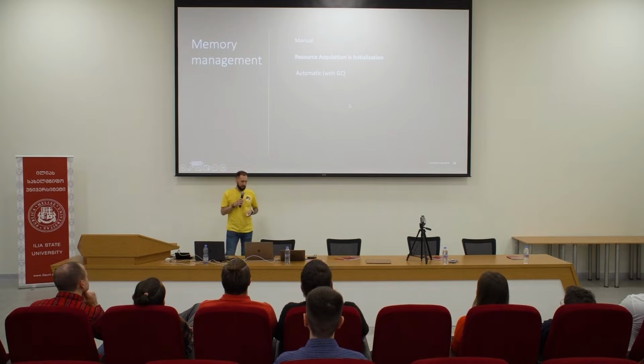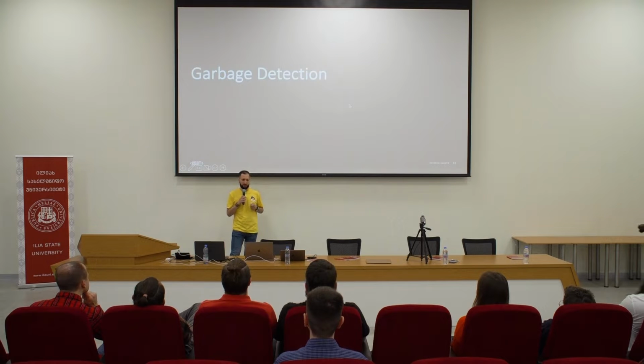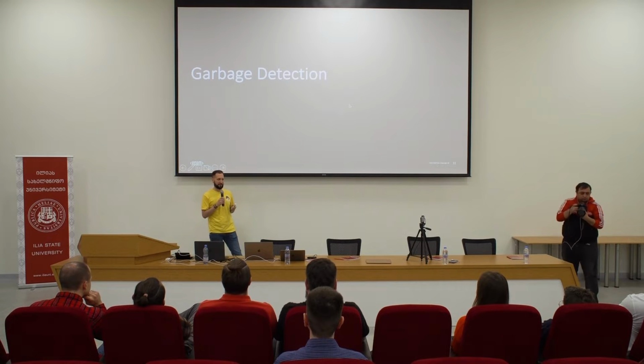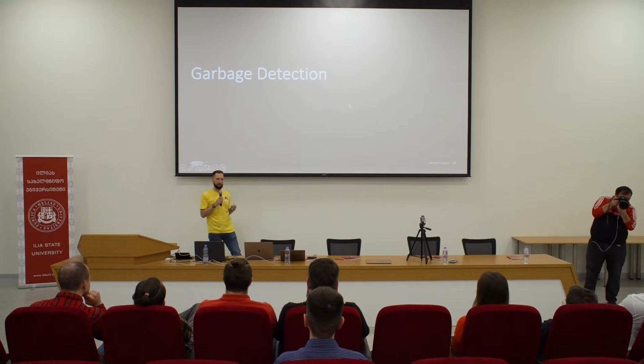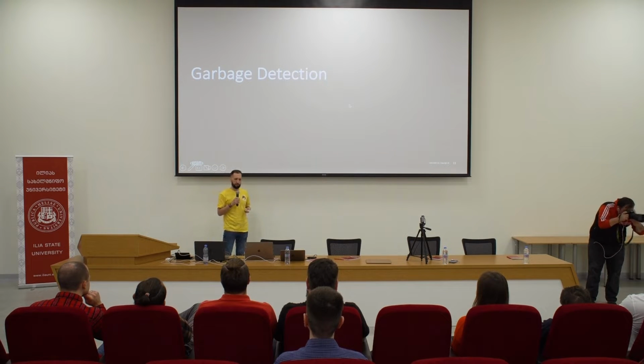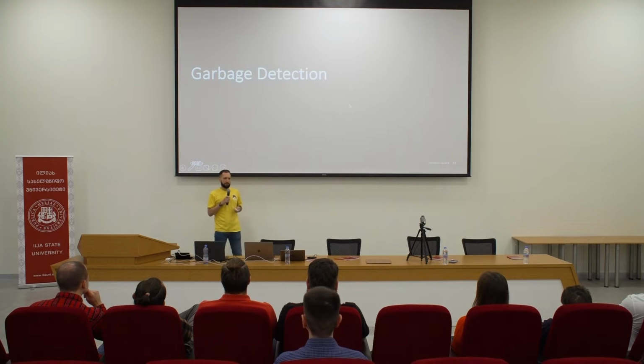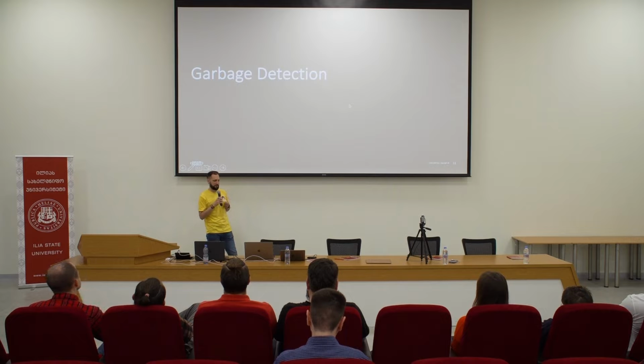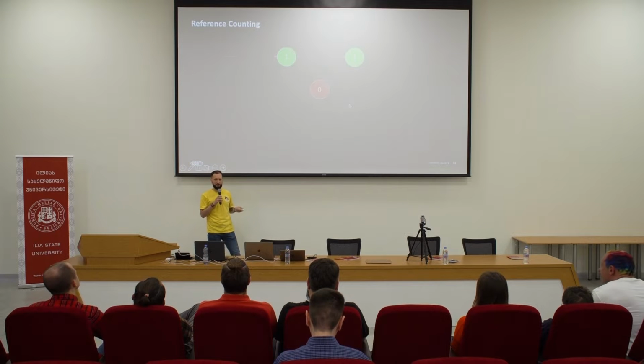So now let's think how we can detect in our heap memory that something is garbage. There are a lot of ways, and I think the first one and the simplest in explanation is reference counter.